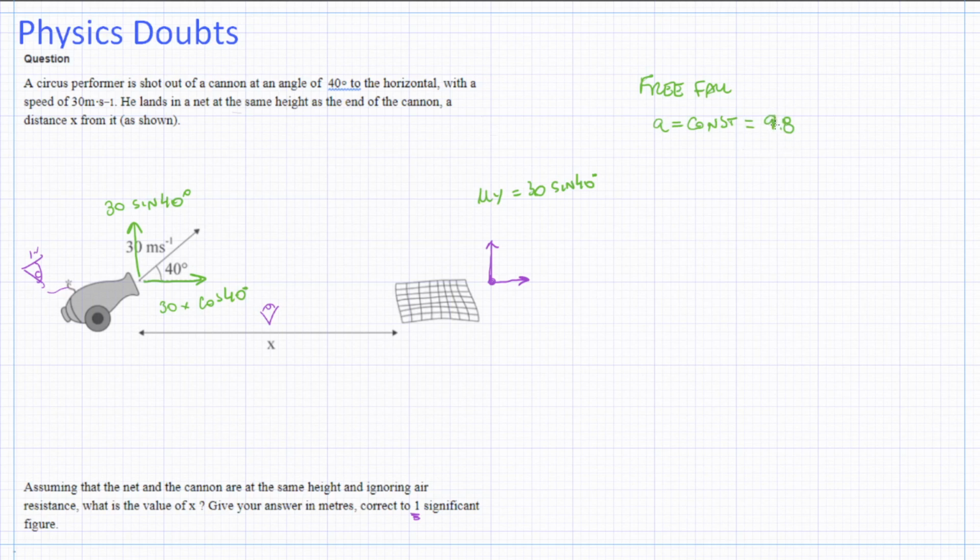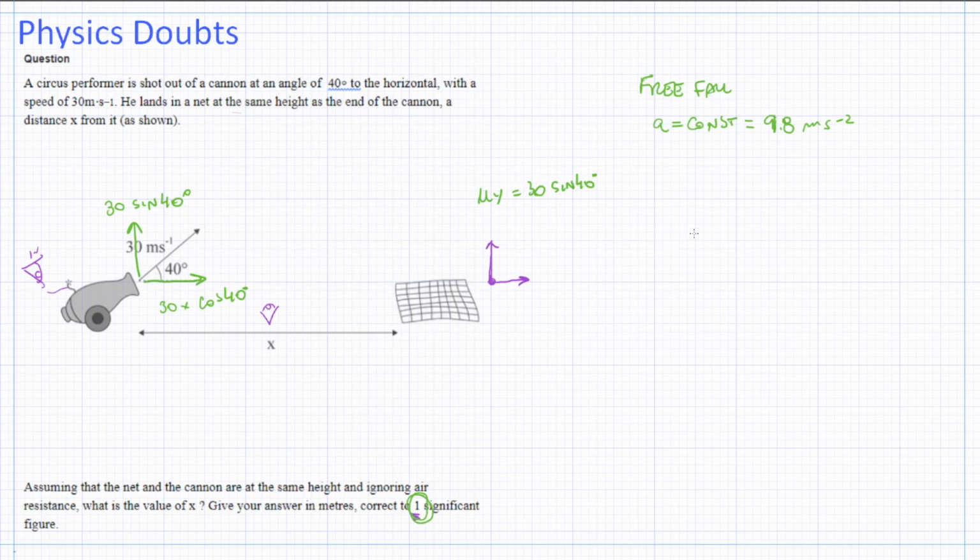The huge problem with using 10 is rounding errors. So I will just tell you to use 9.8 when nothing is said, and you round at the end. This question is not asking for a lot of precision, it's only one significant figure. But we have to carry forward everything, and then at the end we can round.